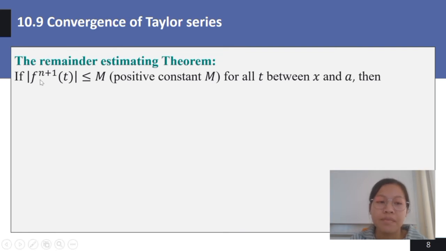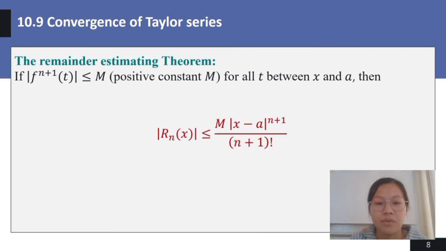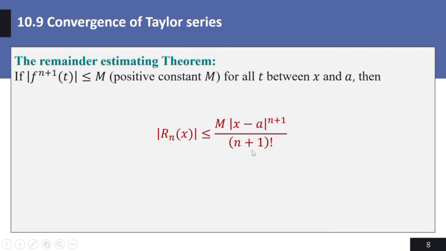So if the absolute value of the n plus 1 derivative is smaller than or equal to M, which is a positive constant M, for all t between x and a, then we can say that the absolute value of the remainder is smaller than or equal to M times the absolute value of x minus a to the power n plus 1 over n plus 1 factorial.